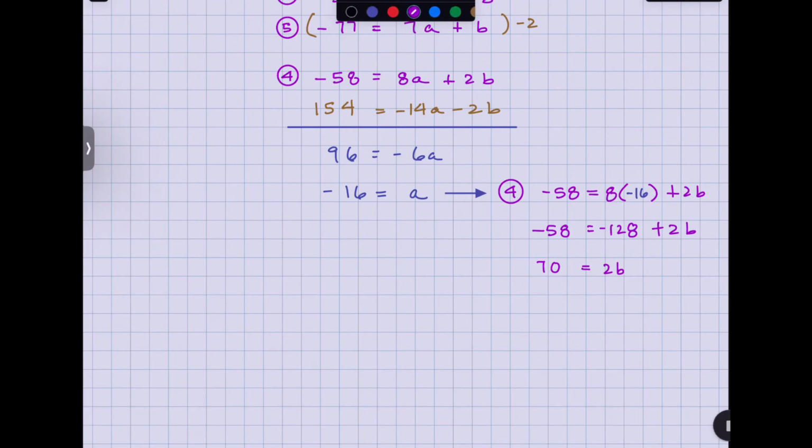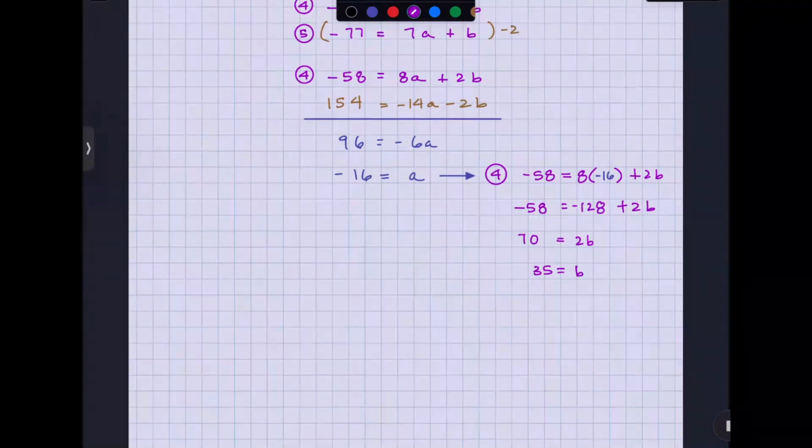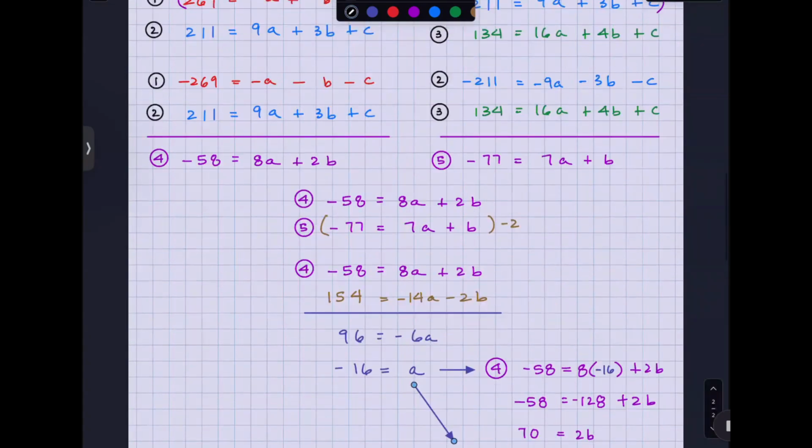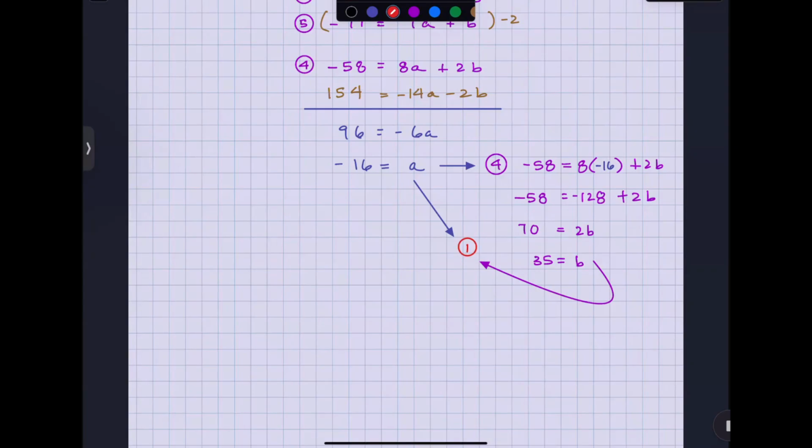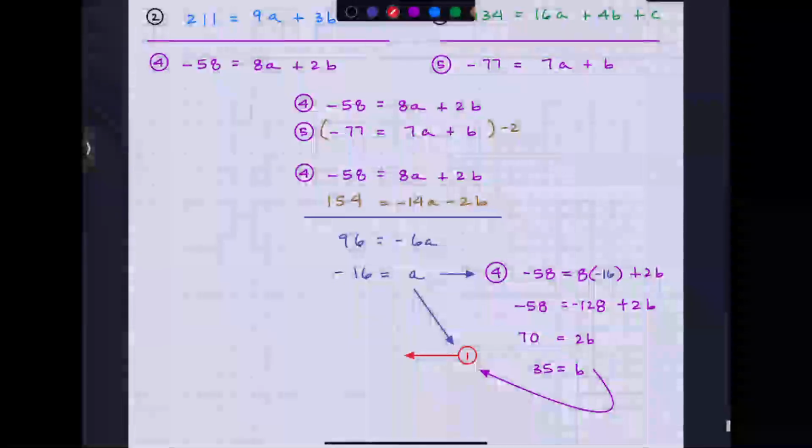Yeah. Okay, thank you. So B is going to equal 35. Now I can take B and the A and plug it into equation 1. What did I make equation 1? Red. Equation 1 was 269.